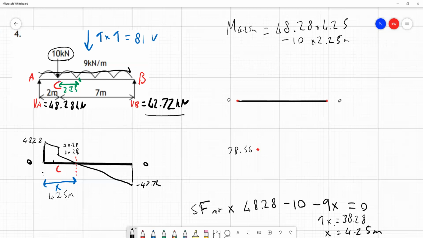So exactly as before, when we've done other moments in this beam, it's going to be minus because it's a counterclockwise effect considering this point X. It's 9 kilonewtons per meter, and it's at a distance covering 4.25 meters of beam. And remember, we consider it being applied halfway along that 4.25 meters. So half of 4.25 is 2.125. So we put all of this in. I'm going to work this out just now.